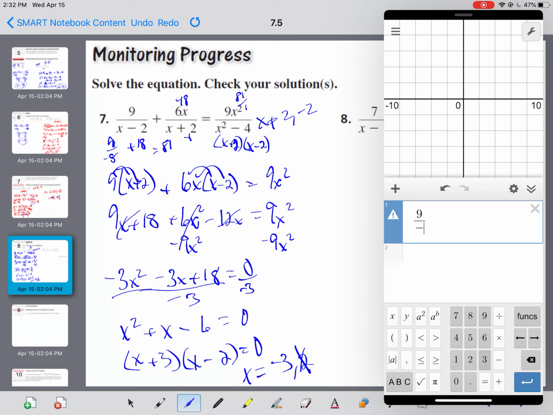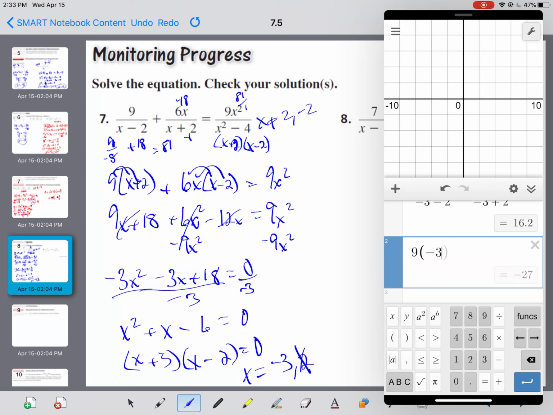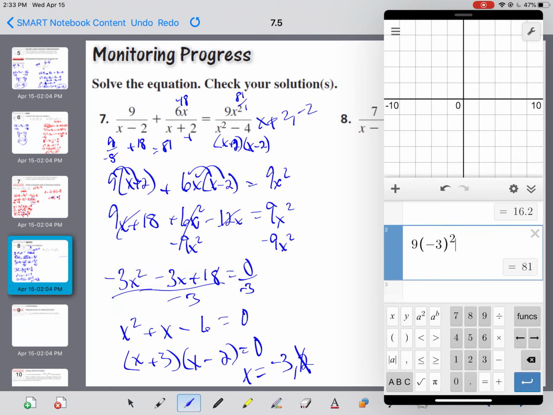Let's see, does it work? Let's just do the big one in the calculator, see how it goes. All right, so 9 divided by negative 3 minus 2 plus 6 times negative 3 divided by negative 3 plus 2.